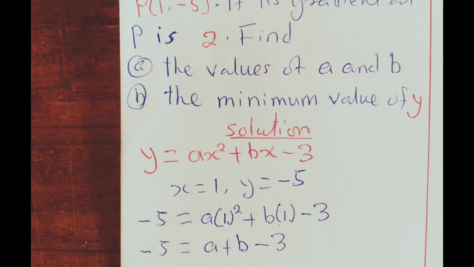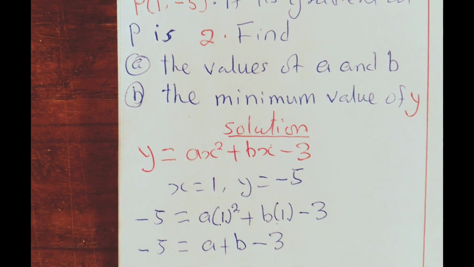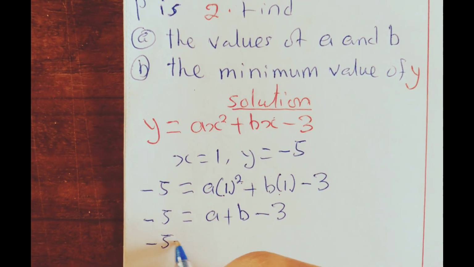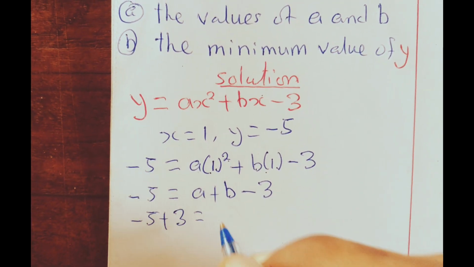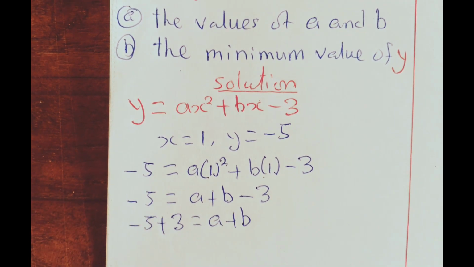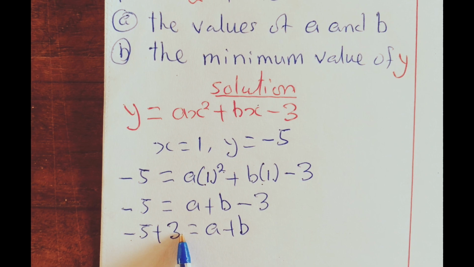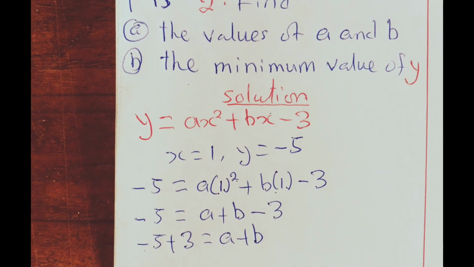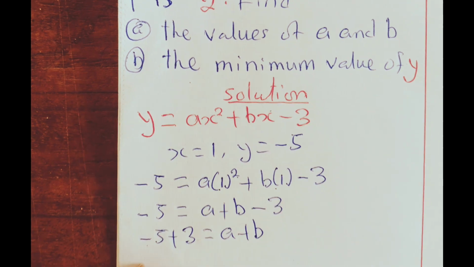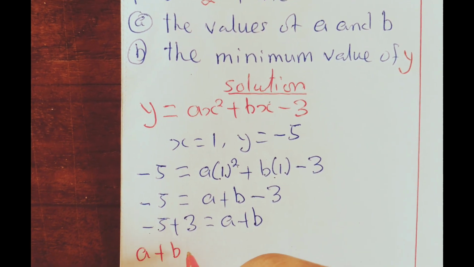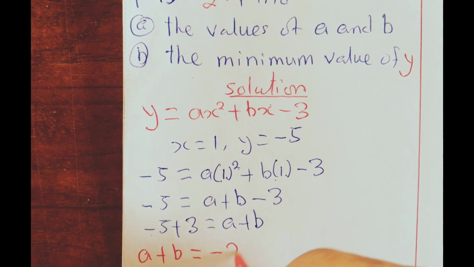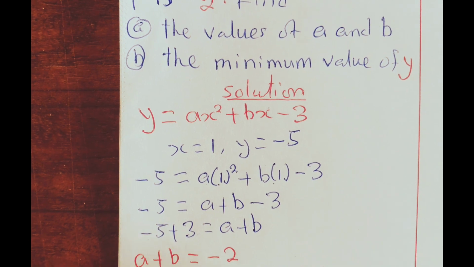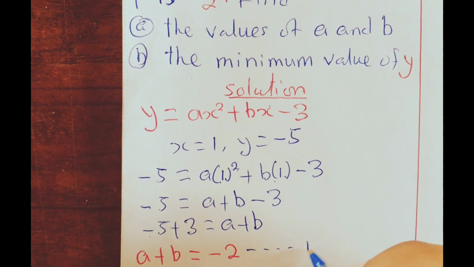But let me group items. So the -3 will come over, and it becomes -5 plus 3 is equal to a plus b. So -5 plus 3 will give you -2. So it means that I'm now having a plus b is equal to -2. Let me name this one equation 1.